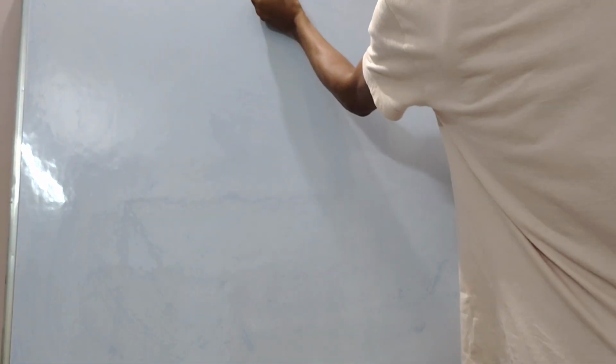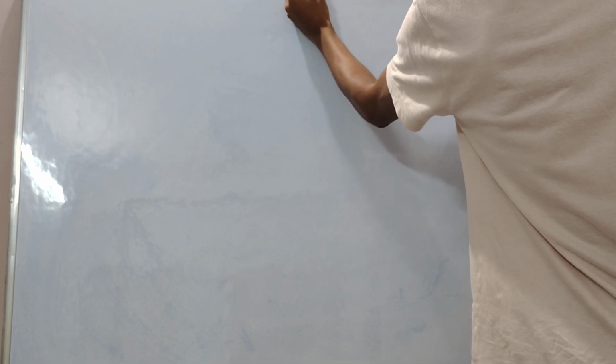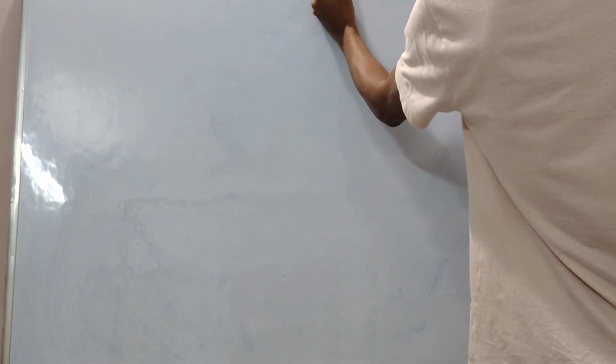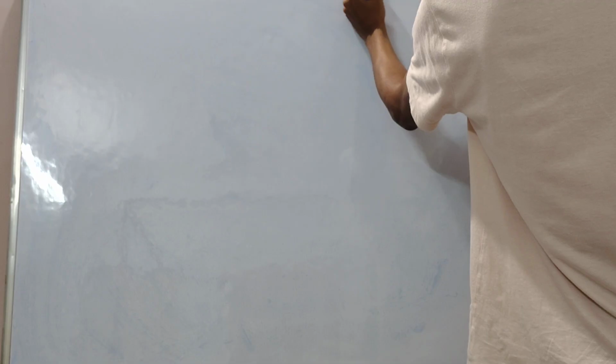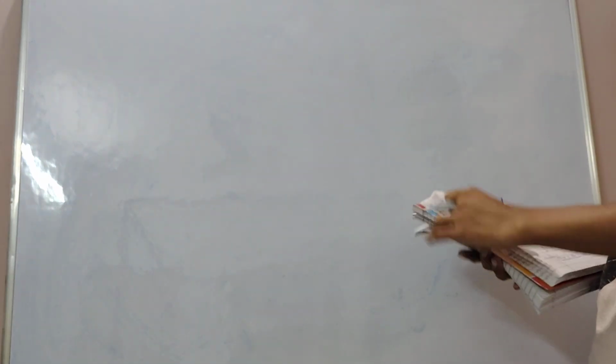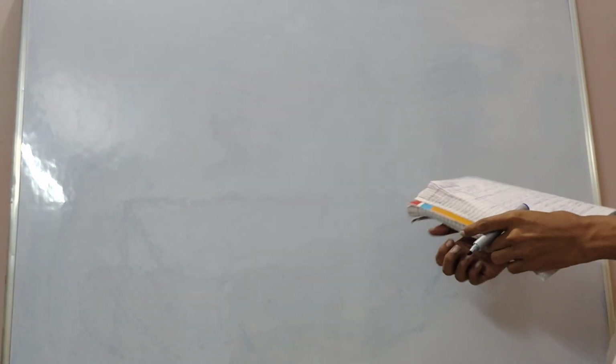Next one is negation of P or Q or negation of P and Q or P. These both are tautologies. Right. These both statements are true. Every row will be true, right? I have to prove this. So how can I prove this?